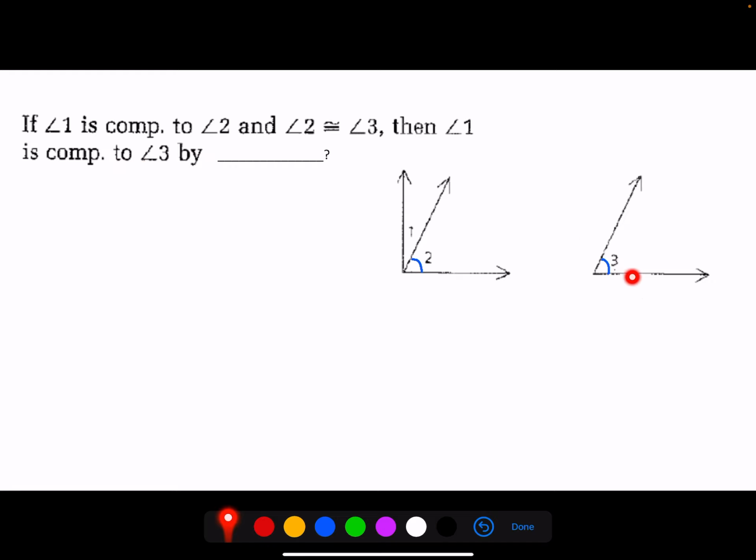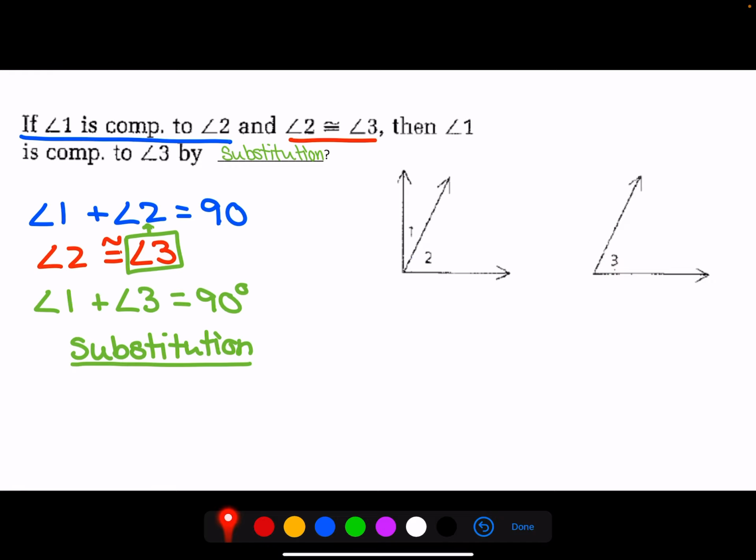Well, all I'm doing is I'm taking angle 3 and I'm replacing it with angle 2. So I'm replacing angle 2 with angle 3. What's another math term for that? Oh yeah, substitution. So we're just substituting in angle 3 for angle 2. This will give us angle 1 plus angle 3 equals 90 degrees, which shows that they are complementary. So substitution works perfectly fine.